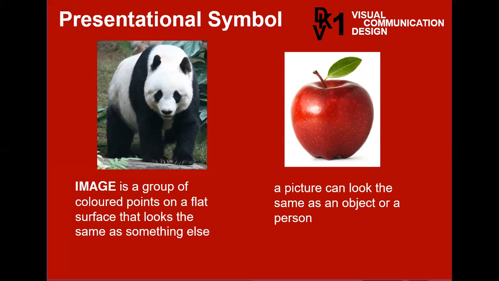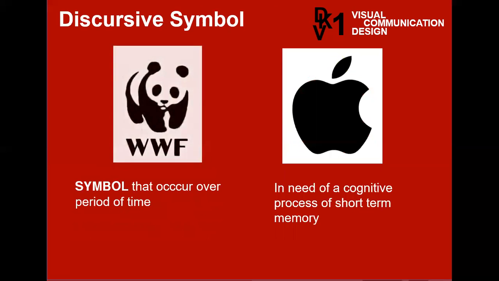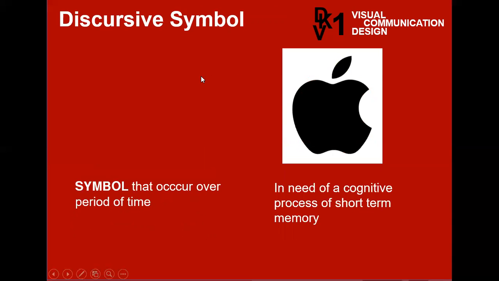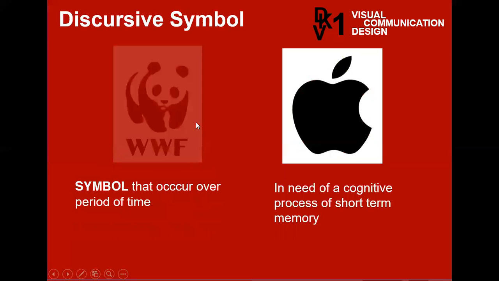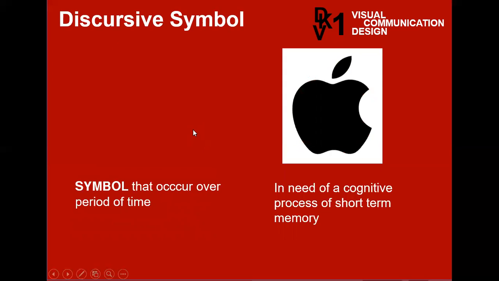A panda, we can see a panda. An apple. The recursive, discursive symbol occurs over a period of time and needs the cognitive process of short-term memory.